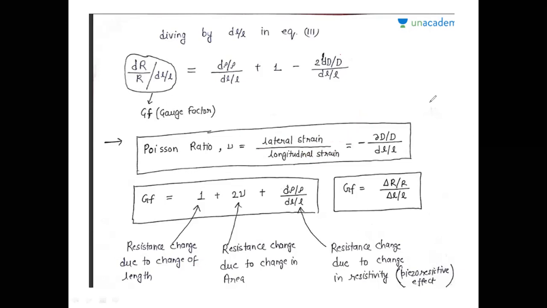Dou d, the change in diameter by original diameter, is the lateral strain, by longitudinal strain, which means lengthwise change, dou L by L. See, length is increasing, that's why it is positive. Diameter is decreasing, that's why it's negative. So this equation came like this. Minus dou d by d by dou L by L is called Poisson's ratio.